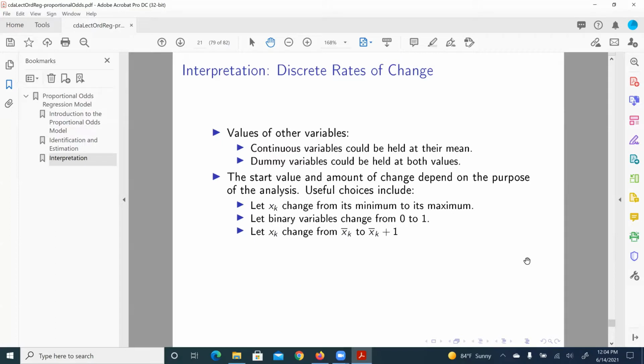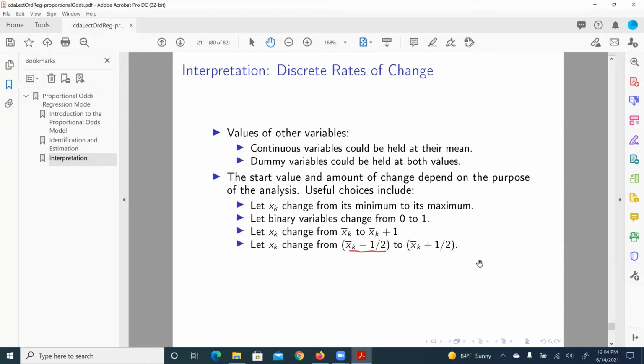Let xk change from the mean of xk to the mean of xk plus 1 unit, or from half a unit below the mean of xk to half a unit above the mean.